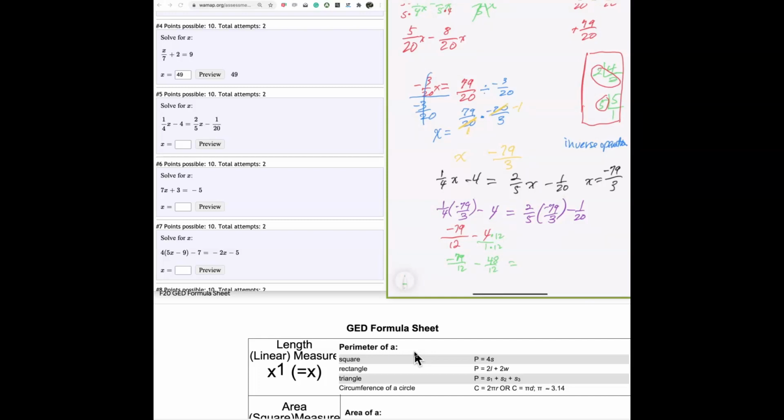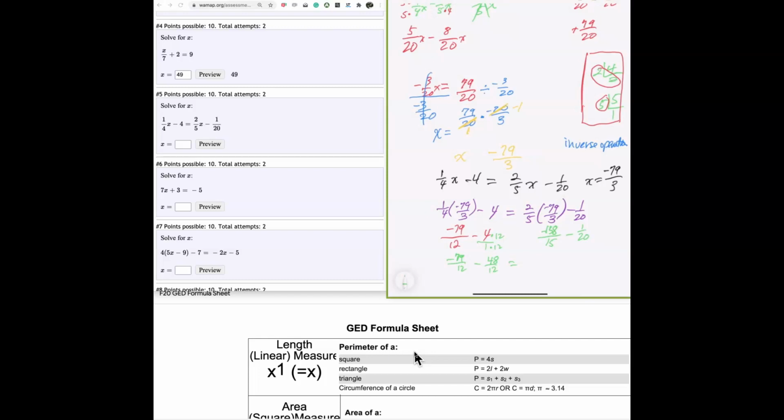So 2 times negative 79 is going to be the same as 2 times 80 minus 2, so 160, negative 158. And then that's over 5 times 3, which is 15. And then we're subtracting 1/20.